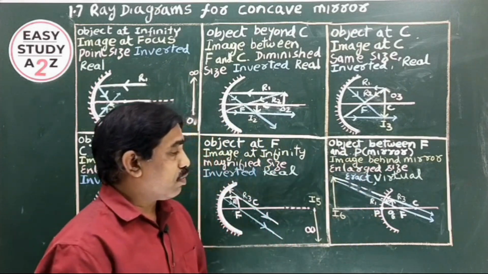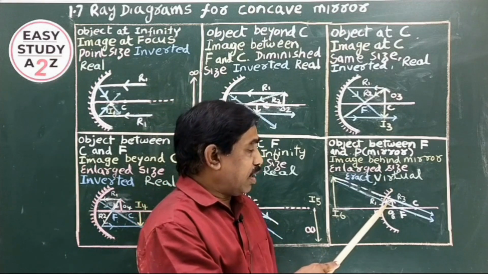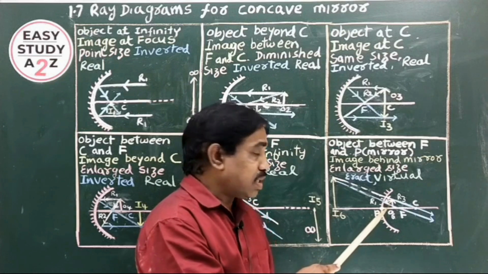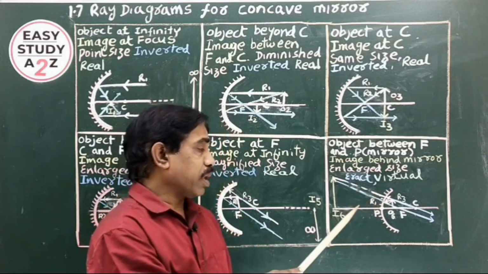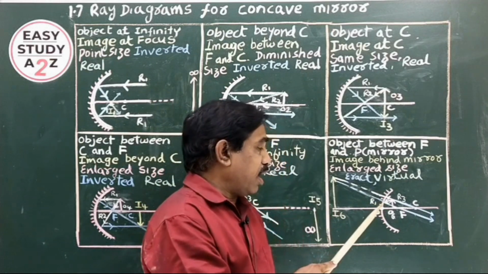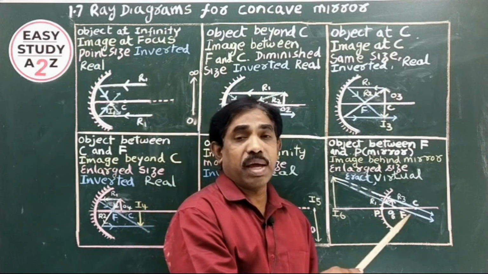So here what is happening, ray 1, a light ray, is passing parallel to the principal axis and reaching the surface of the concave mirror, and it is returning back.